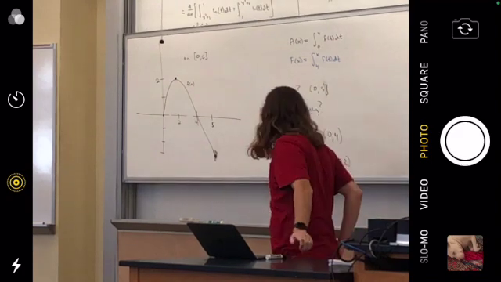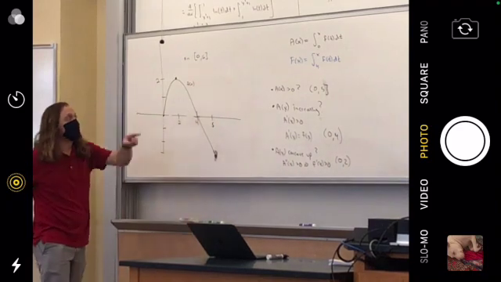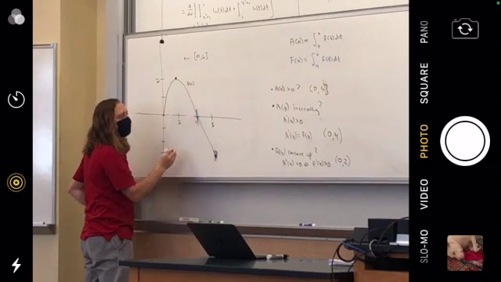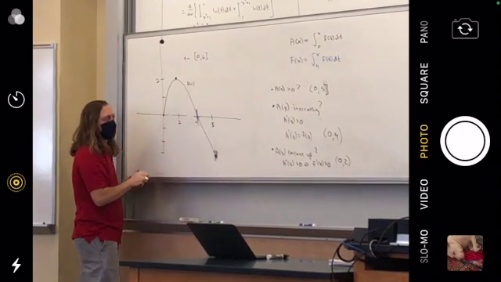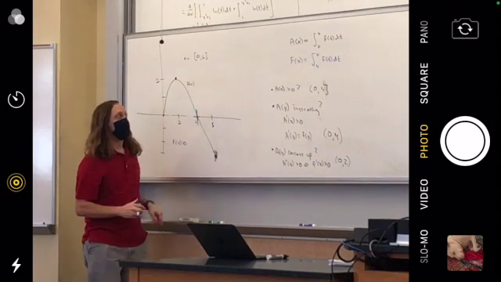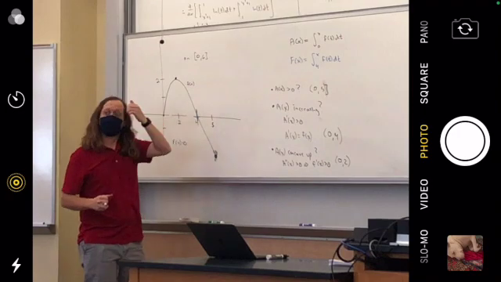I have the full solutions I'm going to post after class, but when is f of x positive? If I start everything at 4, f of 4 is equal to 0, right? F is the definite integral starting at 4. So the integral from 4 to 4 is 0.